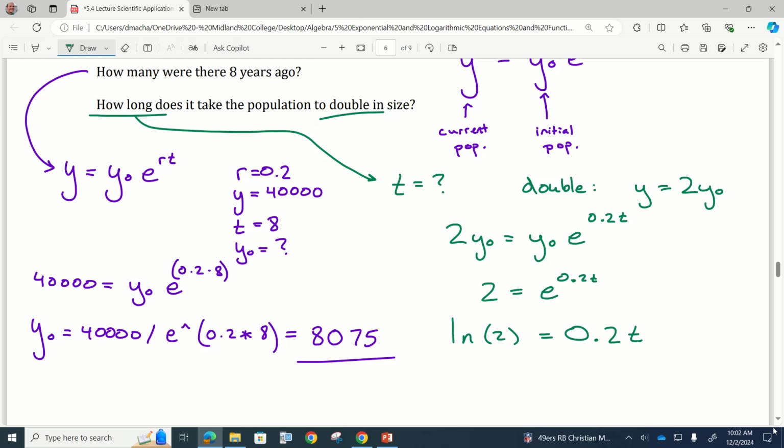And that means t is equal to the natural log of 2 divided by 0.2. And what is that? 3.46 or 47, however you round it. Years, in this case.